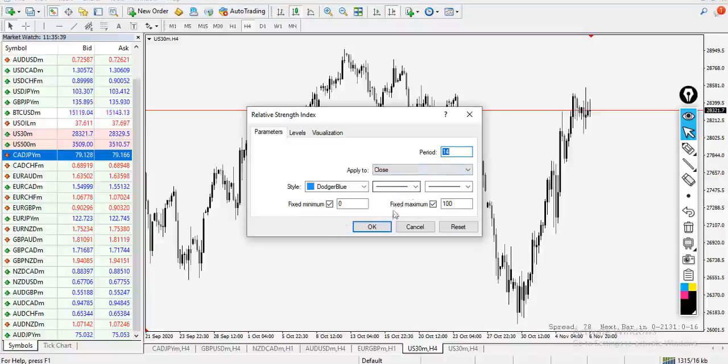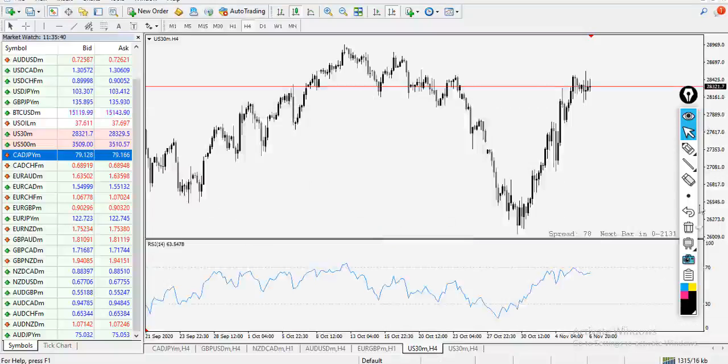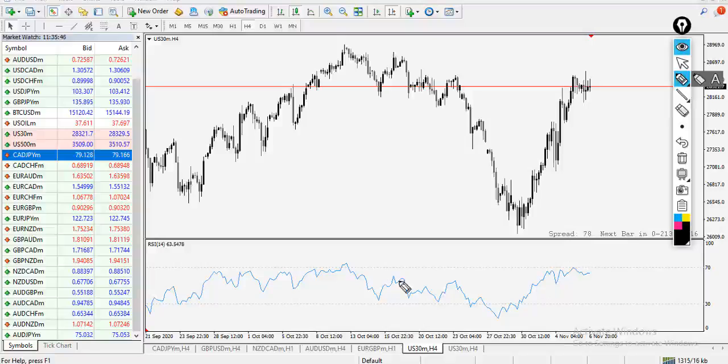Let's just go with the default 14. Now what do we see? We have the 70 and the 30, right? So we have 70, price crossed above, okay, and what happened? Price tumbled down. Okay, now it almost got to 30 here, but see what happened.